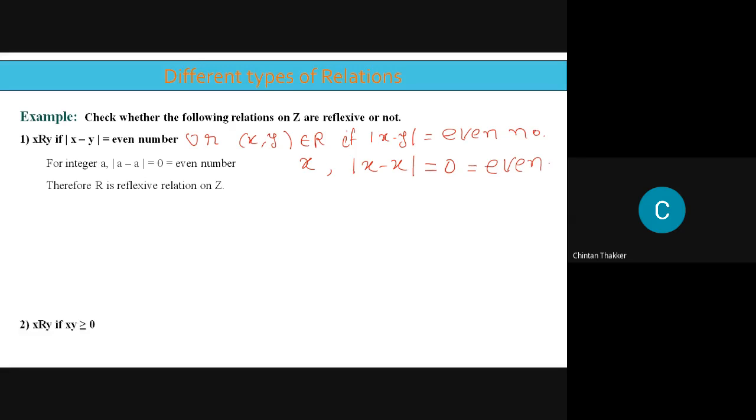Now check the second one in a similar way. Check whether it is reflexive or not, and write the answer in the check box.